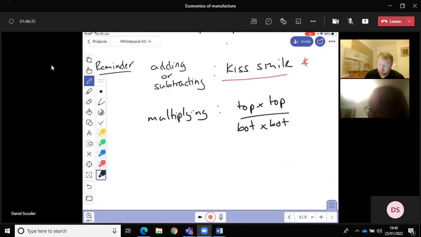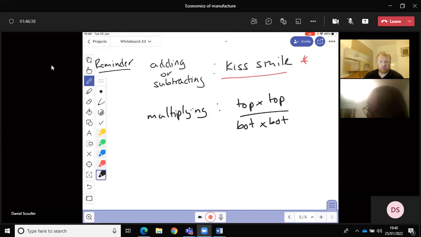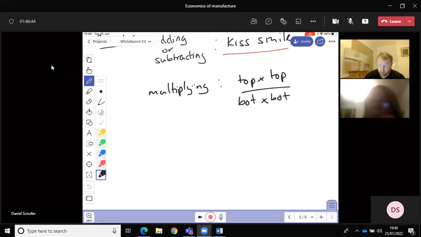So nothing complicated to multiply, straightforward. Top multiplied by top, bottom multiplied by bottom. And when we're dividing fractions, remember the rule, we flip the second term.